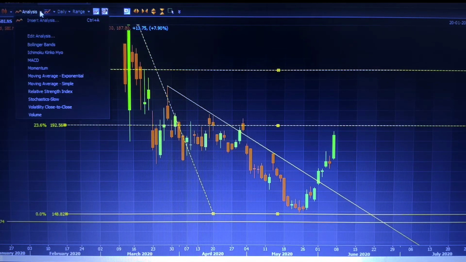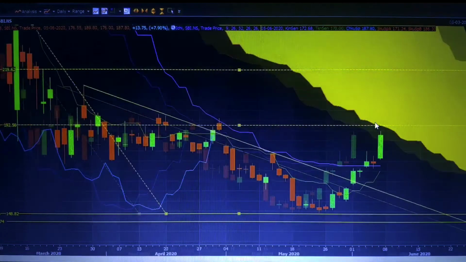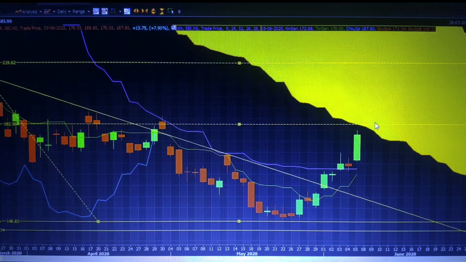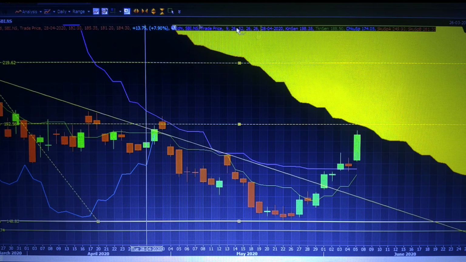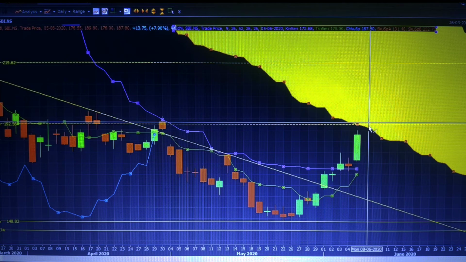Now we can use one more complex tool, the Ichimoku cloud. If you use the Ichimoku cloud analysis, we can see the same level showing as resistance. This is SBI's daily chart. In the daily chart, around 192 to 193 is crucial, and even if you take around 195, it is showing a crucial, immediate first resistance level for State Bank of India's up move.